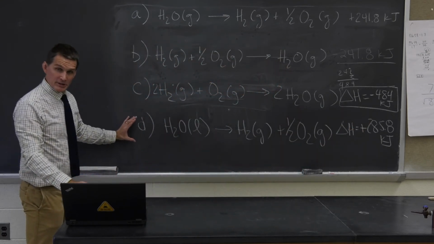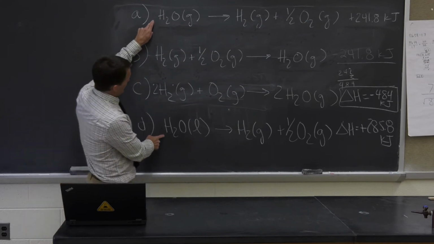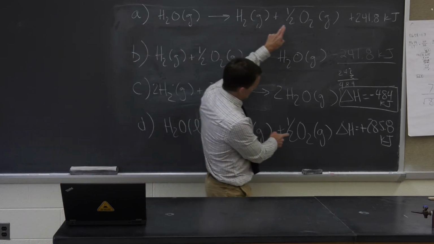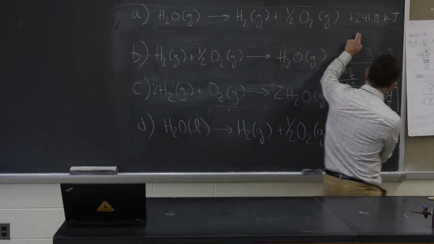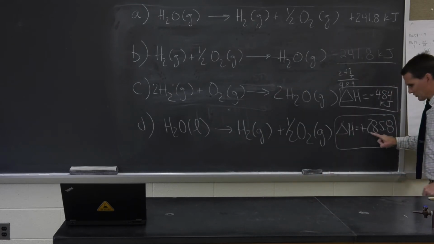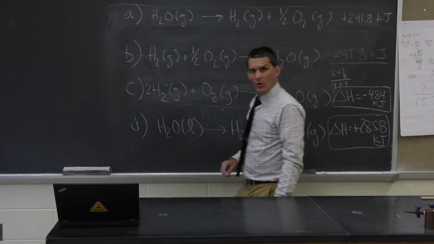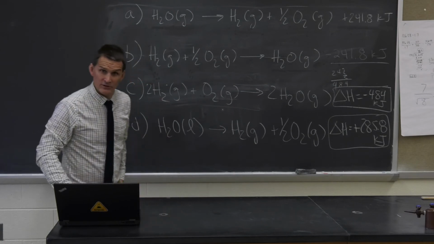Finally, we'll look at this particular reaction here. Hey look, this looks like the same reaction as the top one, and yet the enthalpy change for this bottom reaction is 285.8 kilojoules. Why the difference? Can you see it?